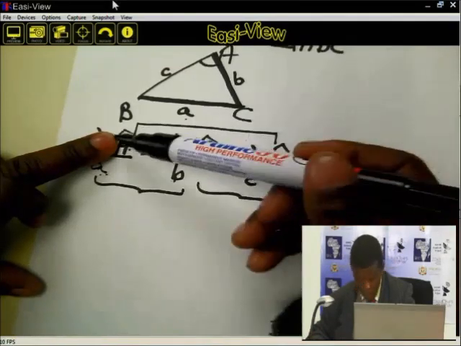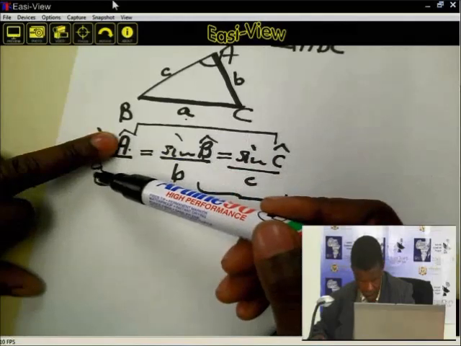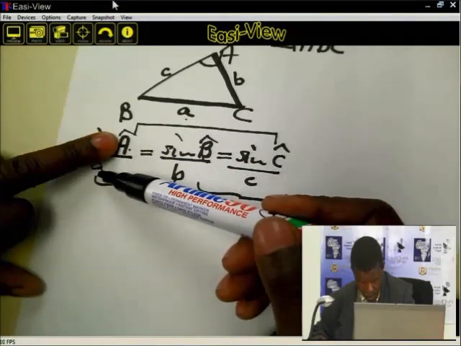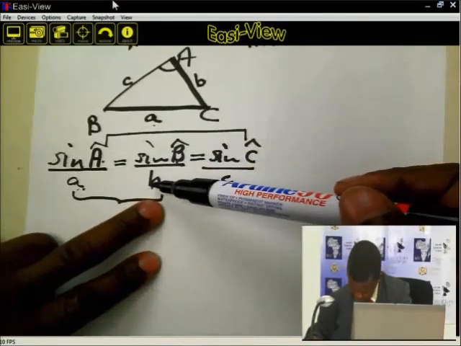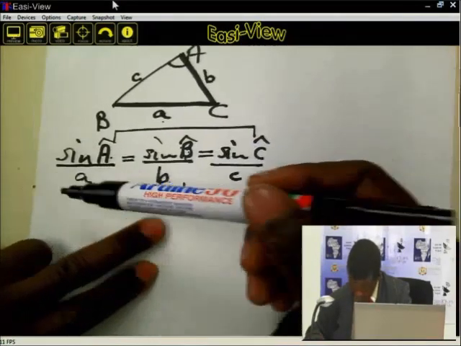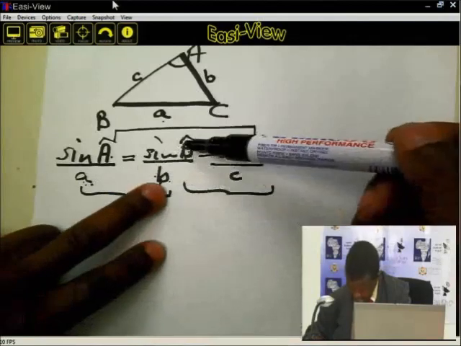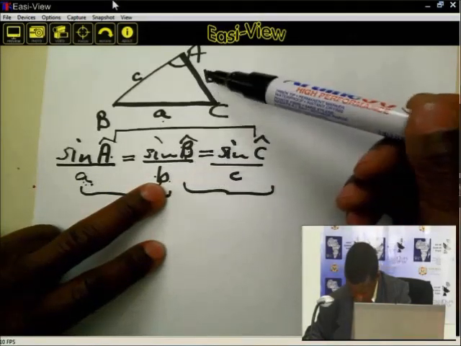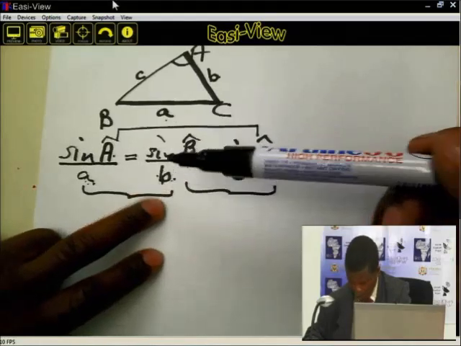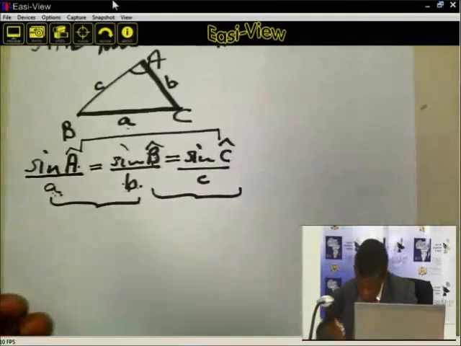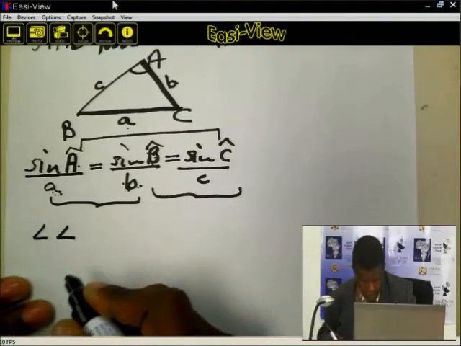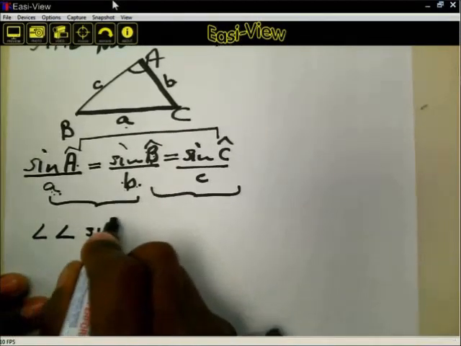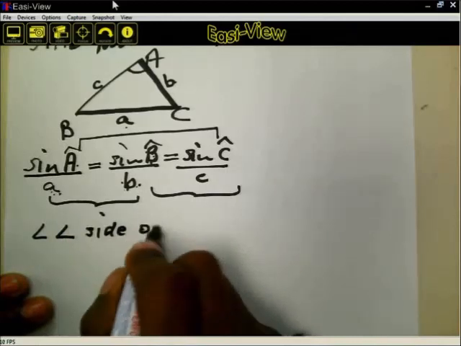We have 2 sides and an angle. The angle here must be opposite one of the given sides. So with the sine rule, we use 2 angles and a side opposite one of them.